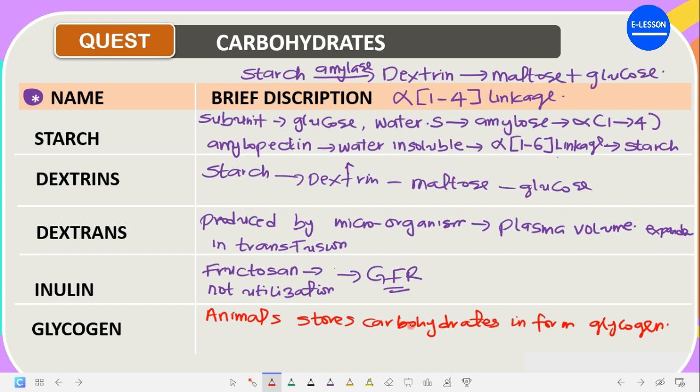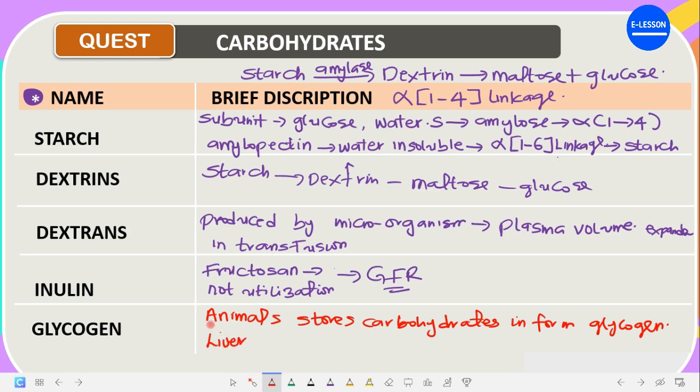Now, glycogen is also found in plants that do not possess chlorophyll. We already know that. You must know it because you are going to do it in biochemistry second semester. It's present in large amounts in the liver.